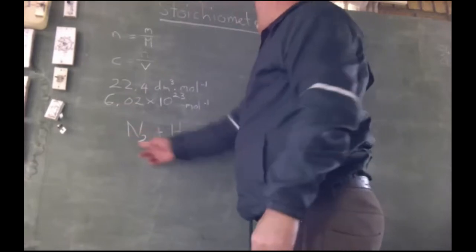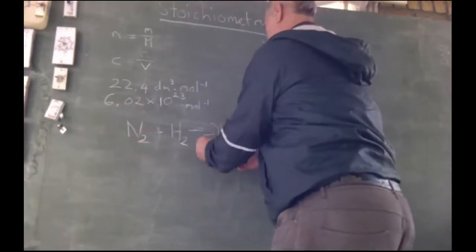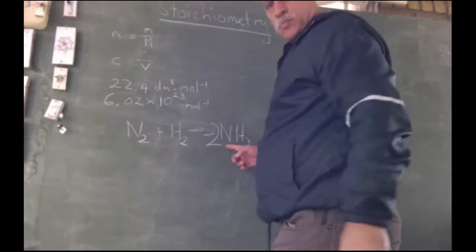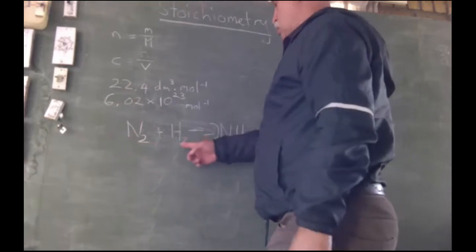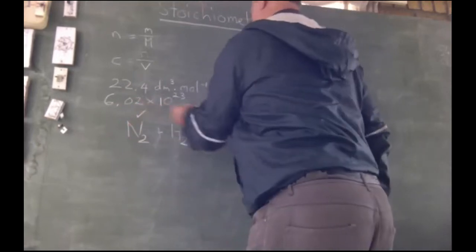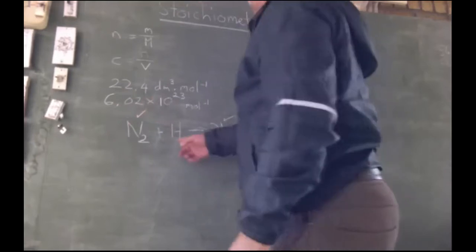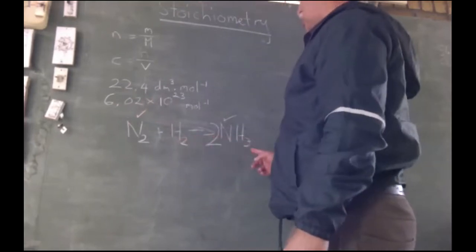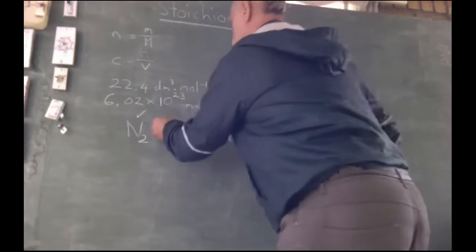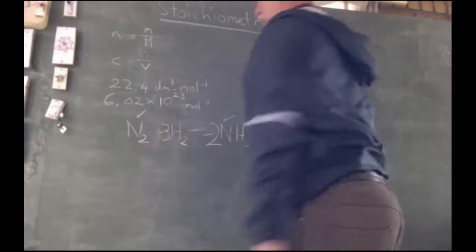Now we've got 2 there, we've got 1 there, so we make that a 2. So now we can say yes, we've got our correct amounts of nitrogen. Let's look at hydrogen. 2 times 3 is 6, only 2, so we've got to put a 3 there.